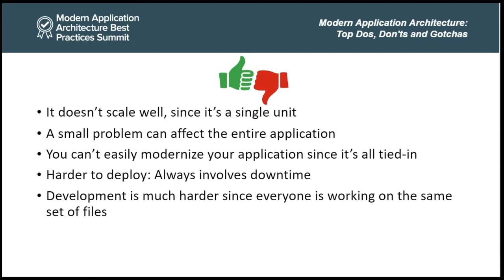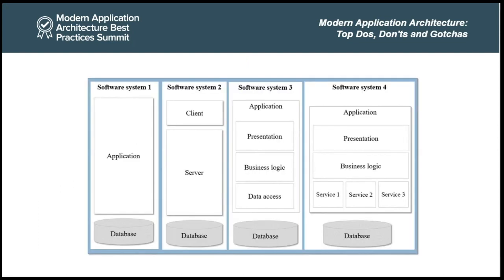So something to keep in mind. I would say that if you have a monolithic architecture, that's probably going to be for the purpose of a smaller type of application, not something enterprise-wide that's going to be used by hundreds, if not thousands of people.